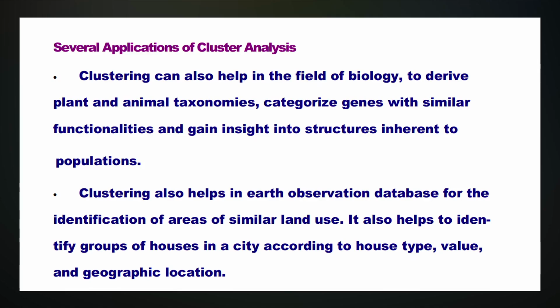Clustering can also help in the field of biology to derive plant and animal taxonomies, categorize genes with similar functionalities and gain insight into structures inherent to the populations. Clustering also helps in earth observation database for the identification of areas of similar land use. It also helps to identify groups of houses in a city according to house type, value and geographic location, and naturally this can be used for town planning.